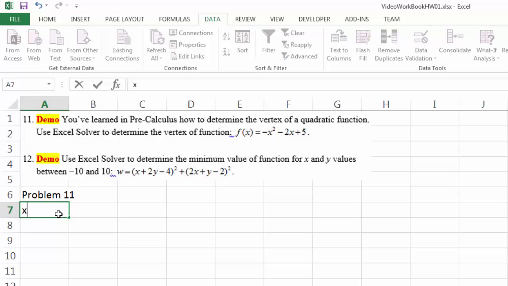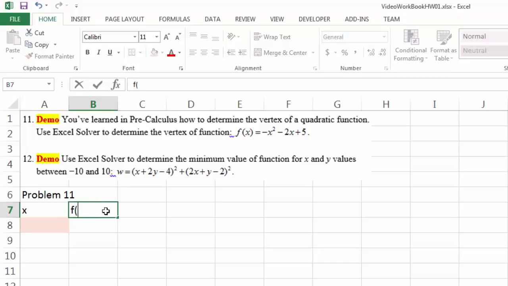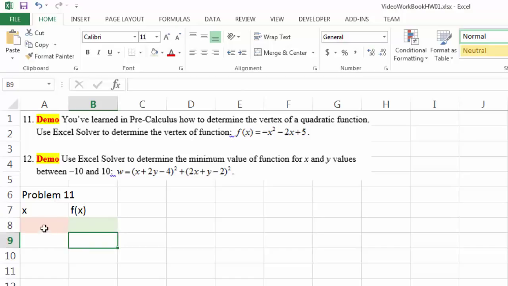So similarly, we're going to create a space to input our x value and a space to calculate the output value. In this case, you can have f(x) here or y here. They both mean the same. We cannot do any calculation without putting in some value. Once again, Excel cannot be asked to solve for an unknown, so we always have to guess something. Let's just guess 0 here.